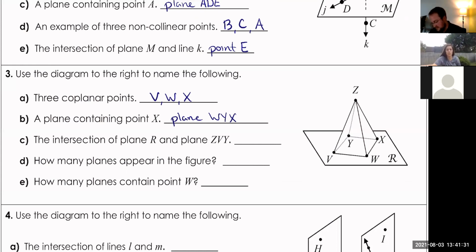This one's kind of tricky. W. So careful, 2 planes don't intersect at a point, they intersect at a line. So we're actually looking for a line or even a line segment.